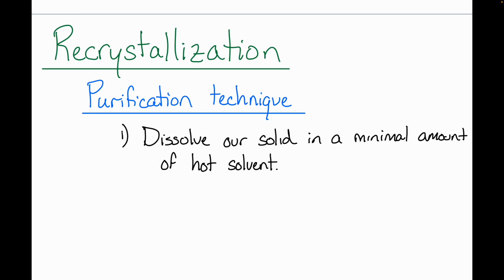We're assuming the solid is an ionic solid too, right? It works for a lot of different things, but we're specifically using this chart here, so we're still talking about ionic solids. Then we're going to cool that solution down.